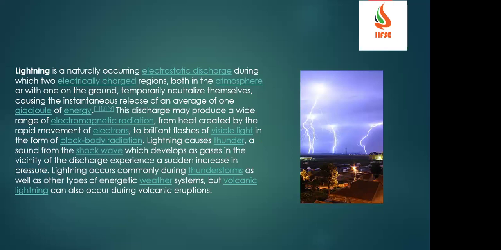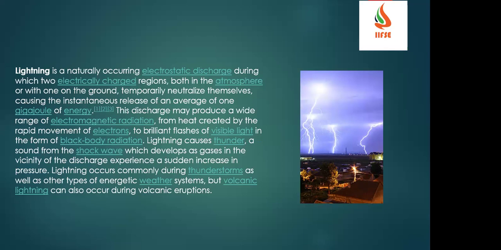As we saw in the previous class, due to the high amount of static electricity accumulated between the clouds and the air in between, the sudden discharge, the thunder, will generate a high amount of electrostatic energy.